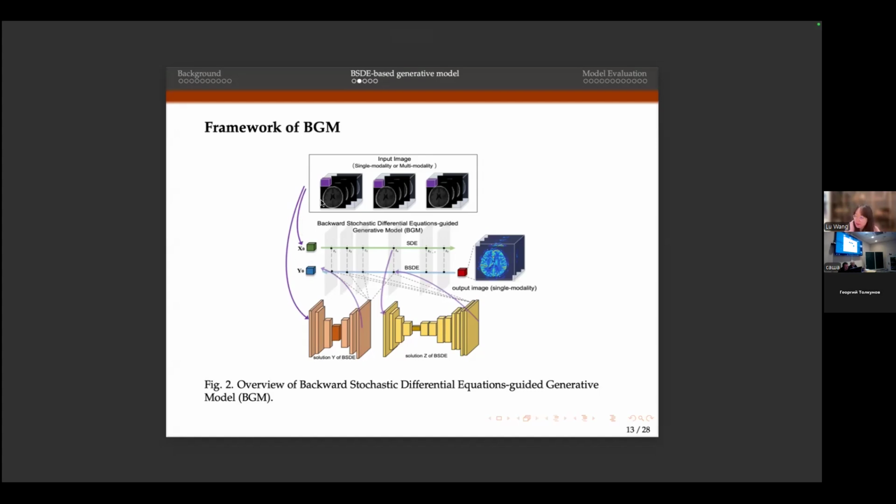Then we use a network, the first network we use, whose aim is to approximate the solution of Y. The next network is to approximate the solution of Z. The first takes X0 as input, because this network is used to approximate Y0. Why do we do this?